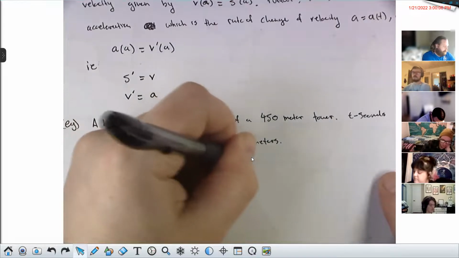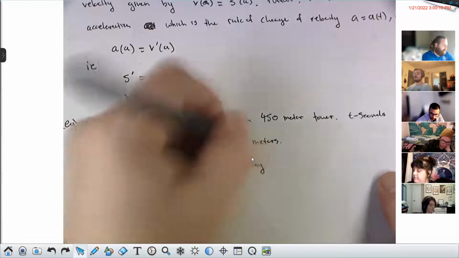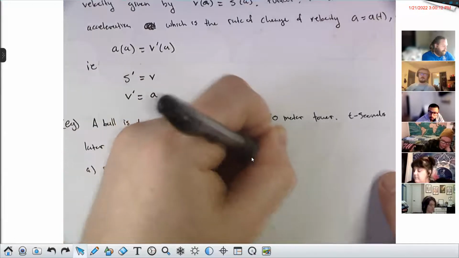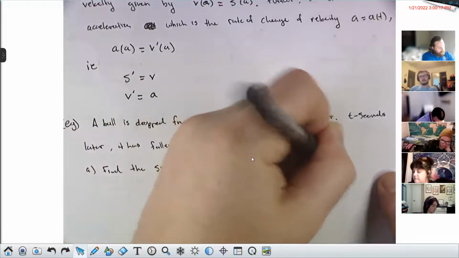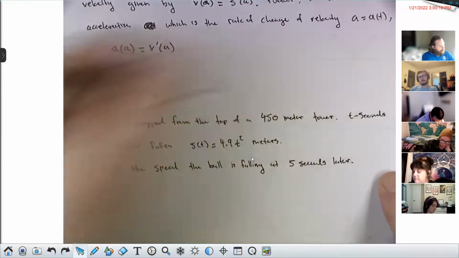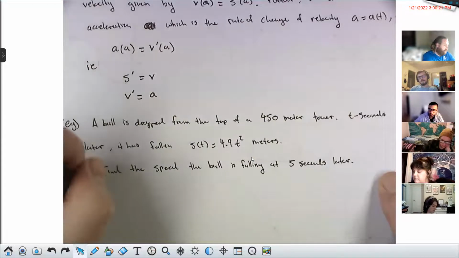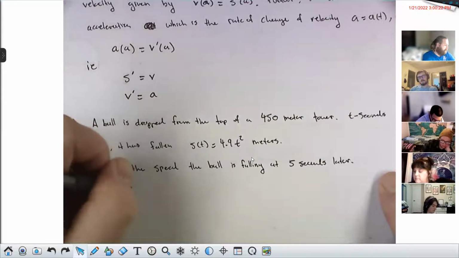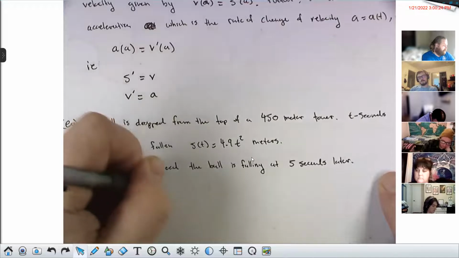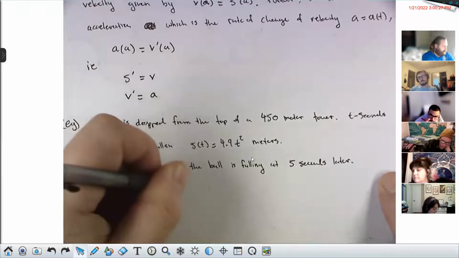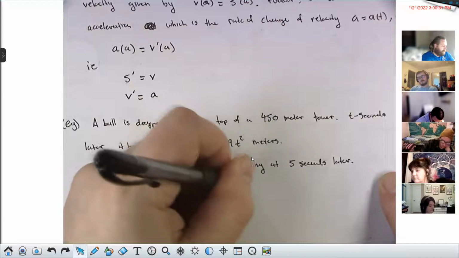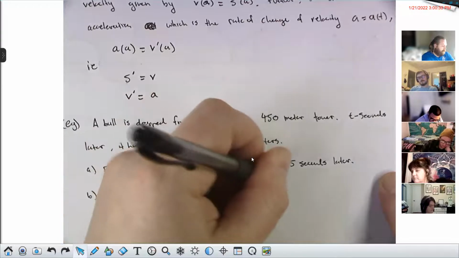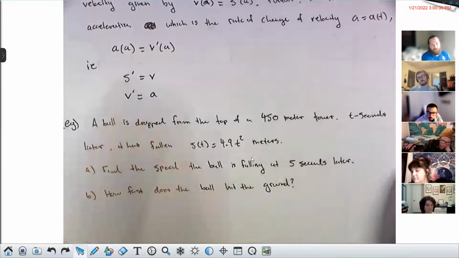Is falling at 5 seconds later. And b, how fast does the ball hit the ground? Right, how fast is the ball traveling when it hits the ground?